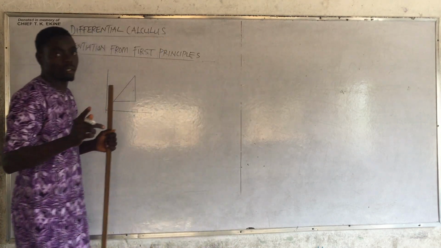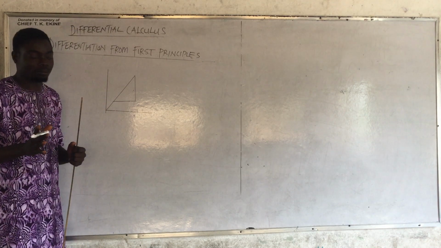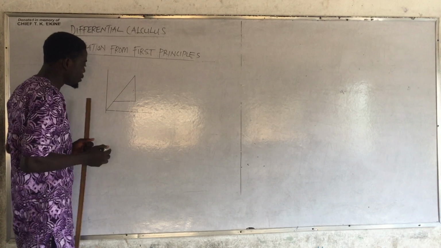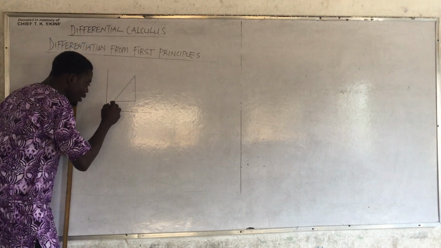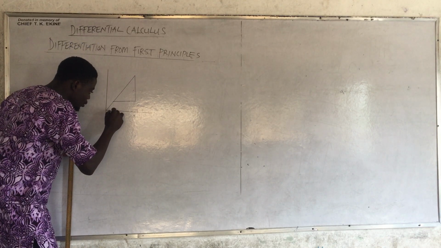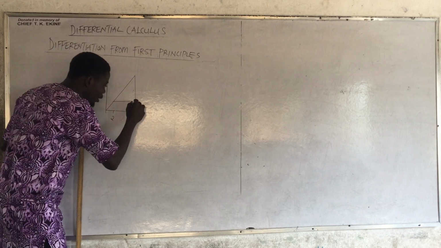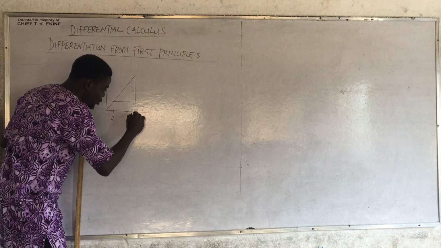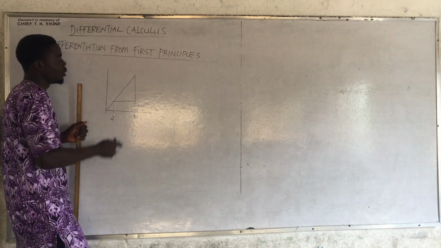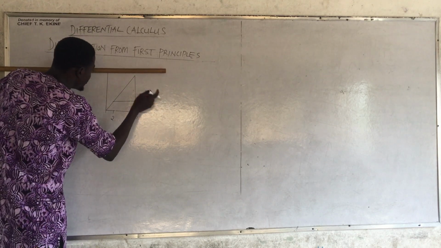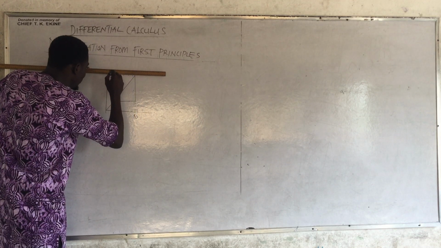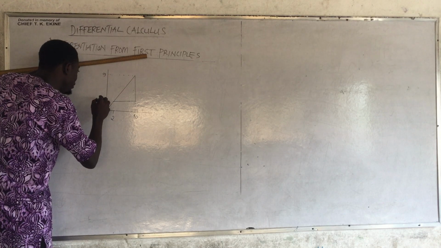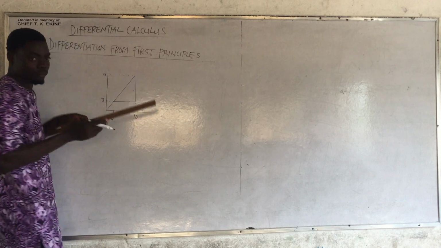Now, this is how your physics graph looks. For instance, let's assume this point is 2, and here, let's say, is 10, because we're having 2, 4, 6, and then let's assume this point is 9, and this point is 3.